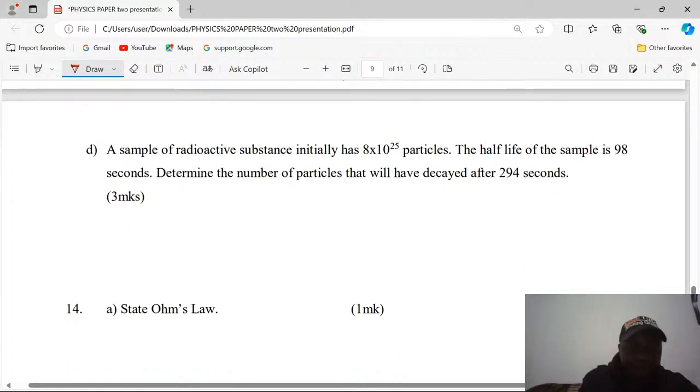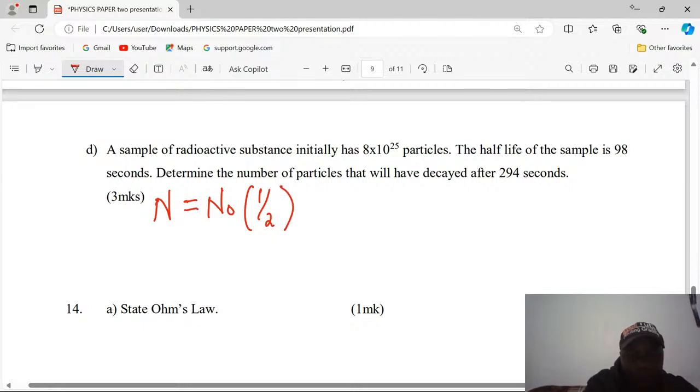We should know that remaining number is usually given by original number multiplied by half raised to power T over small t. T is the time taken for radioactive decay to take place.